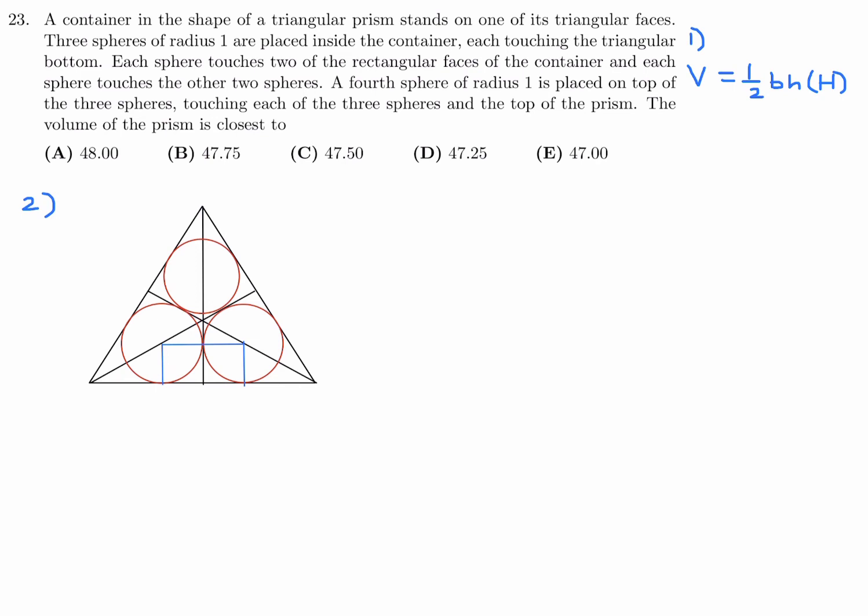So each of these spheres has a radius of 1. So this is 1 right here, the distance from there to there. And this is 1 from here to here. Similarly, this is 1, and this is 1. So this is 1, this is 1, this is 1, this is 1. Okay, now concentrate on this triangle right here. That is a 30, 60, 90 triangle.